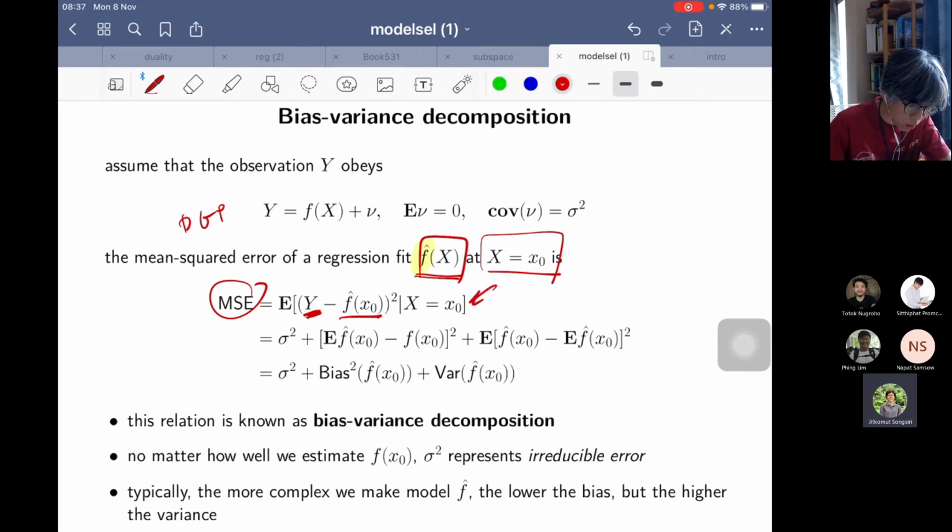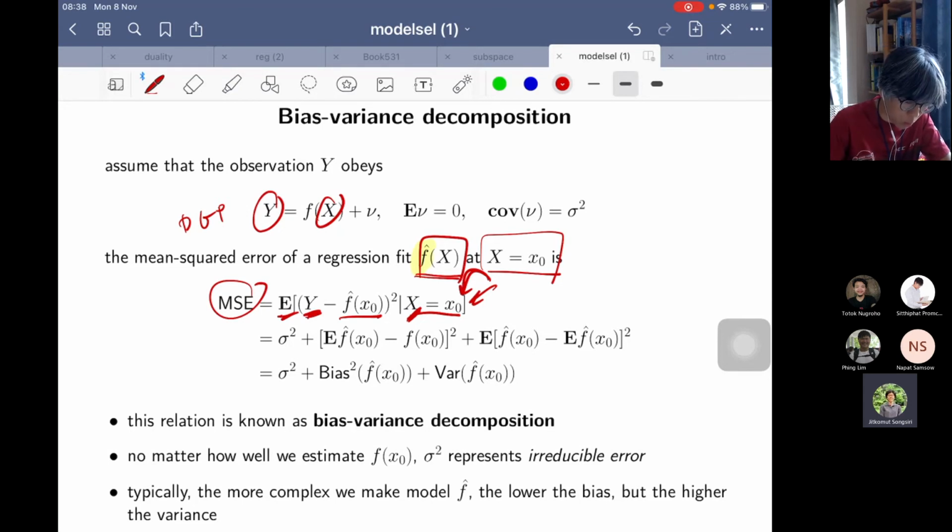In this equation, I use y and x as capitals to keep in mind that these are random variables. So whenever you measure the input x as a value x0, you take a look at the MSE by taking the expectation.